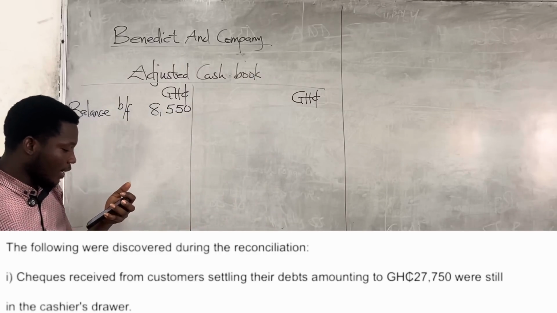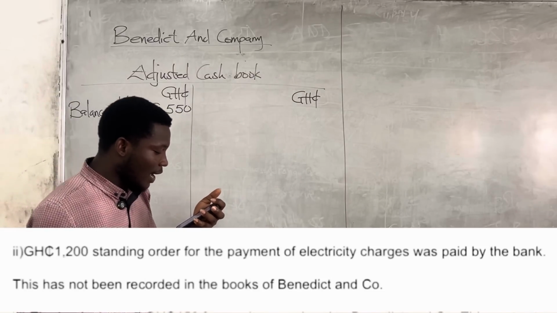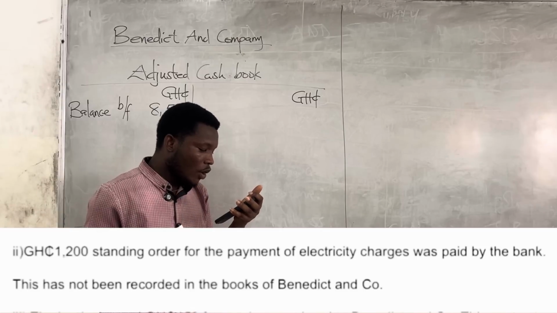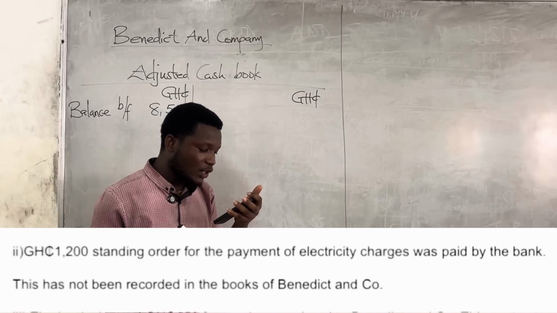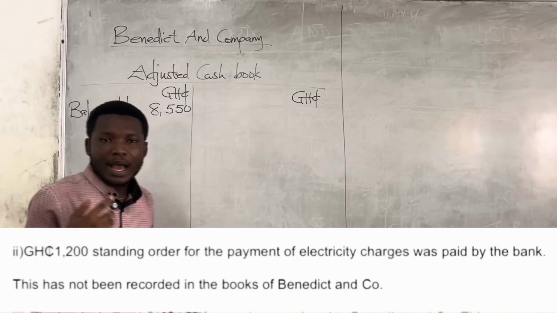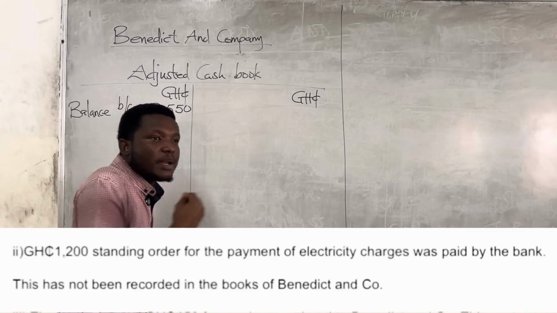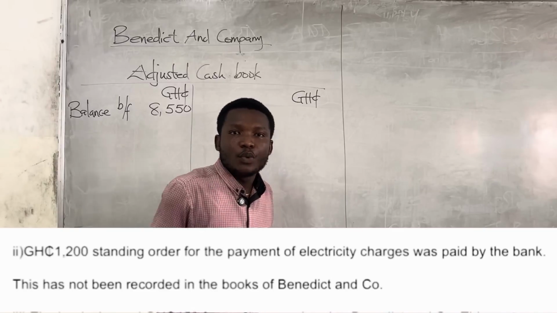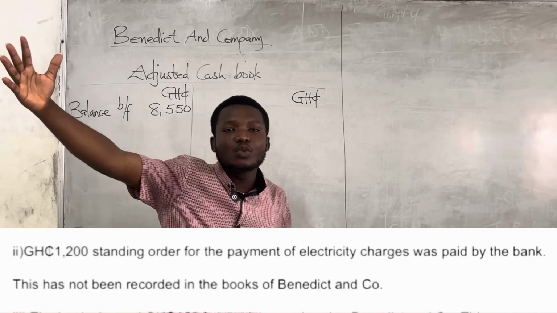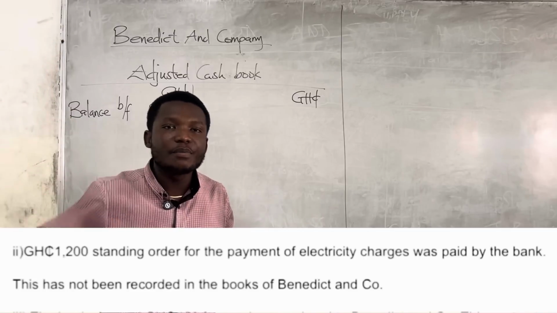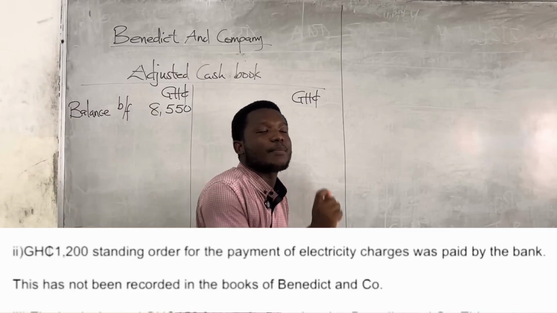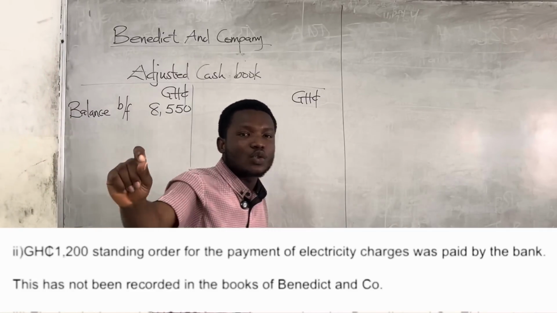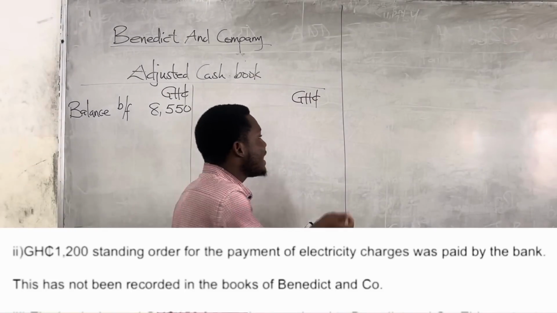Now, the second one is an amount of 1,200 standing order for the payment of electricity charges was paid by the bank. So an amount of 1,200 was paid by the bank to pay our electricity bills. We told the bank that we can't go to ECG to pay our electricity bills every month, so every month pay this amount of money to the ECG so that they will use it to settle our electricity bill.